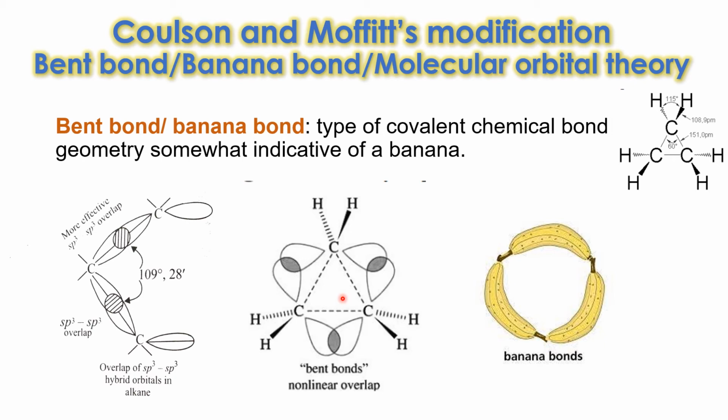But this theory explains it in terms of orbital overlapping, causing a bond to be strong or weak. Because it is a compressed molecule, there is no complete overlapping of the orbitals to form sigma bond. That is why bonds are called bent or banana shaped.